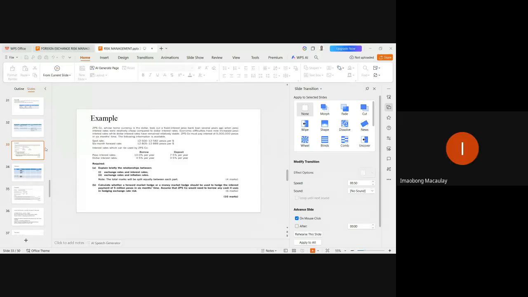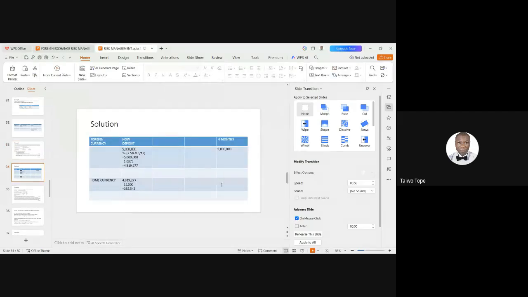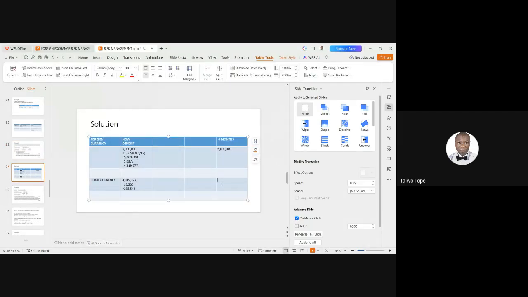You are in US. So 4.5% per year. Dollar interest rate borrow 4.5.